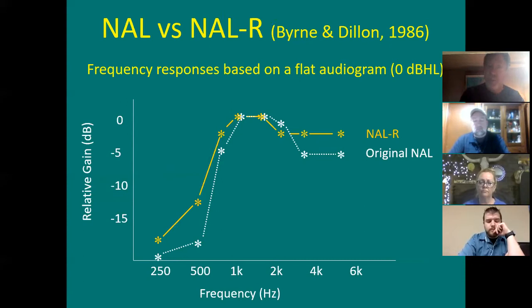But again, to read this picture here, it's saying, if you had no hearing loss, how much would you be reducing the low frequencies to make all adjacent speech frequencies sound equally loud? And the original NAL really said to reduce them. Revised said, reduce them, but not quite as much.